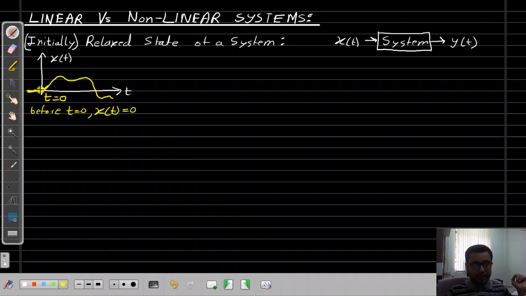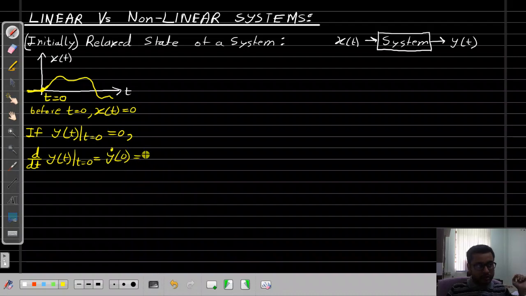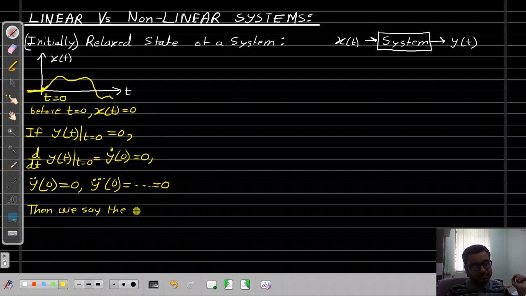Now at this moment when the input is started, if the output y(t) at this moment is equal to 0, and the derivative of the output at this moment, which is y dot at 0, is also 0, similarly the second derivative at this moment is 0, third, fourth and all other derivatives, everything is 0, then we say the system is relaxed, or in a relaxed state at t equal to 0, or the system is initially relaxed.